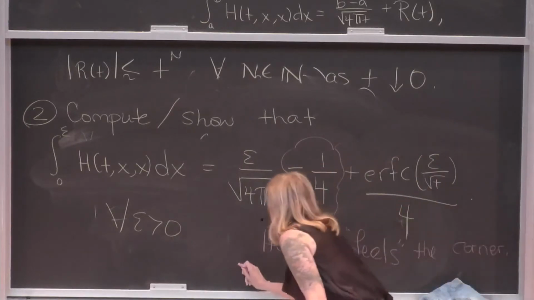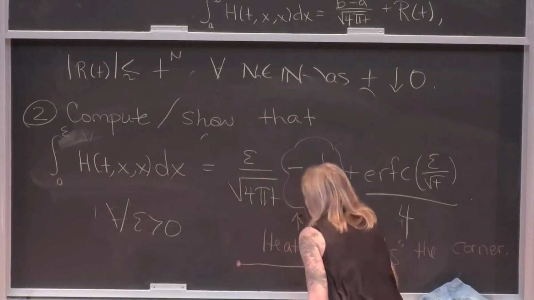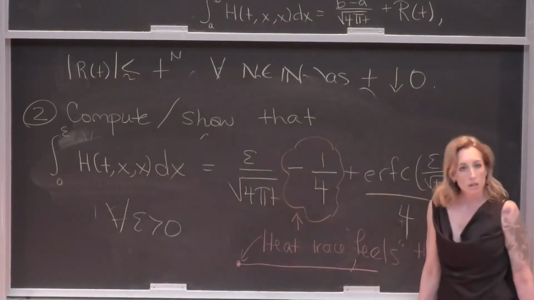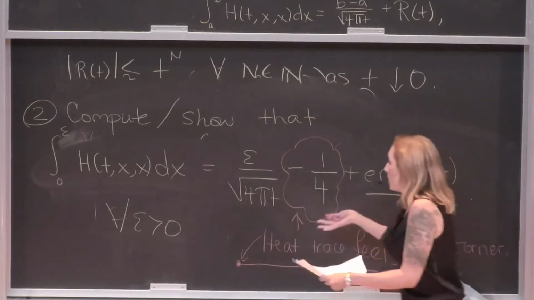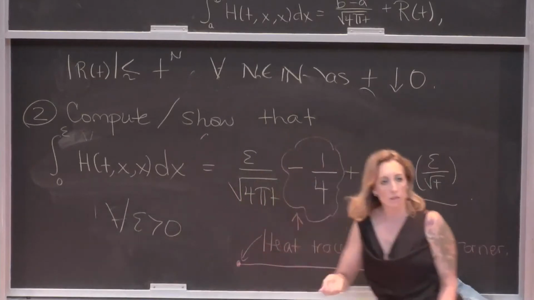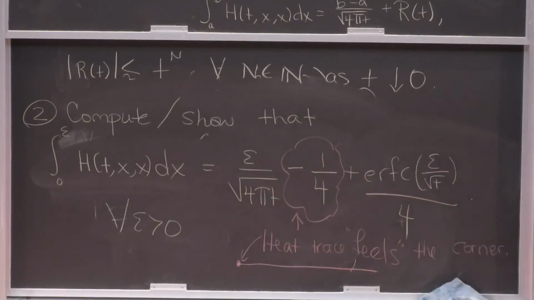It feels this point in the sense that we pick up this extra 1/4, which we always get, no matter how small epsilon is, okay? All right.